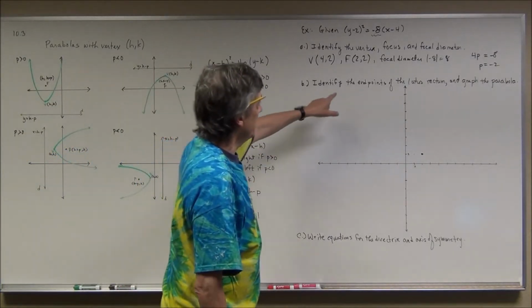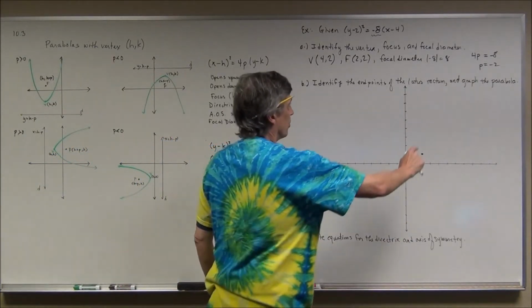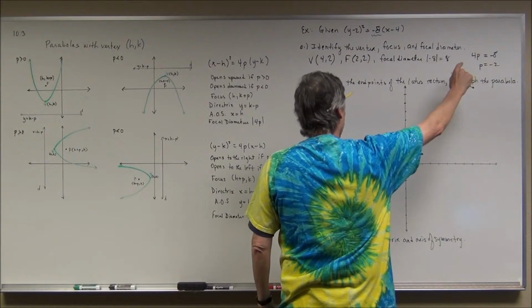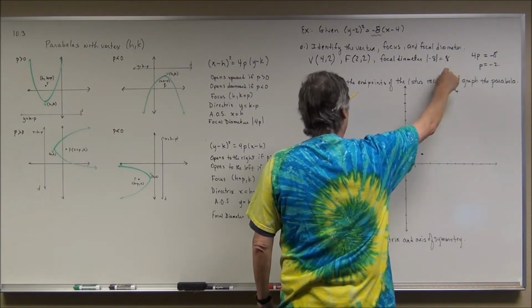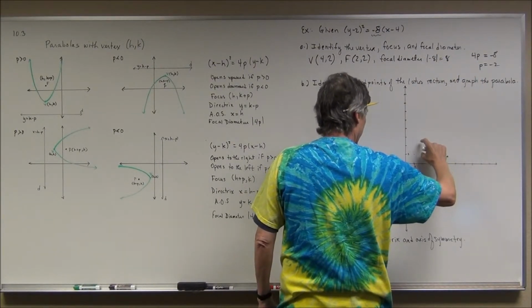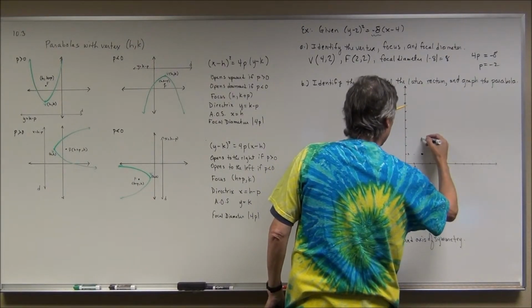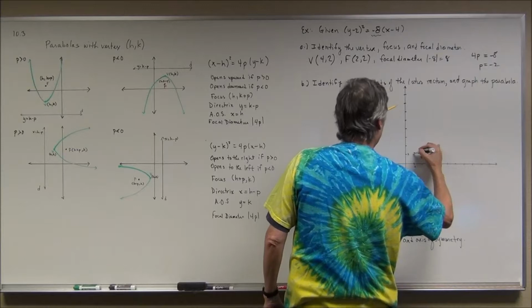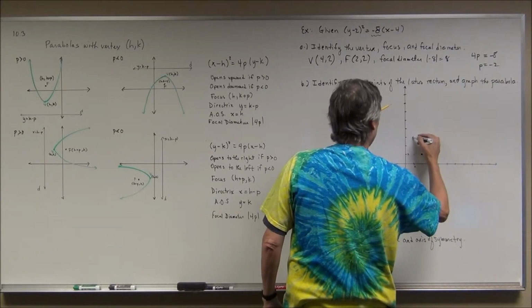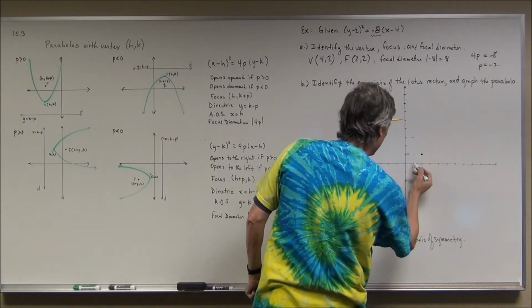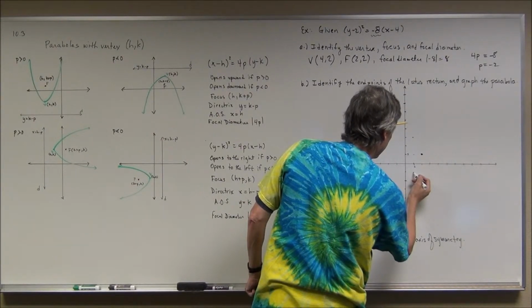Since 4p is equal to 8, I'm going to go half above and half below. So 4 units above the focus puts me right here, and 4 units below puts me right here.